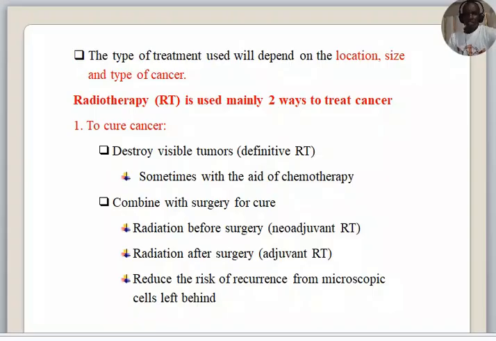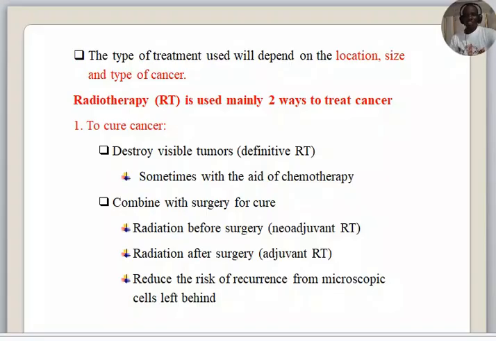When we are treating for cure, we destroy the visible tumor, which is definitive radiotherapy, sometimes with the aid of chemotherapy, or we can combine it with surgery. For neoadjuvant radiotherapy, we do radiation before the surgery, so the patient undergoes radiotherapy first, followed by surgery.